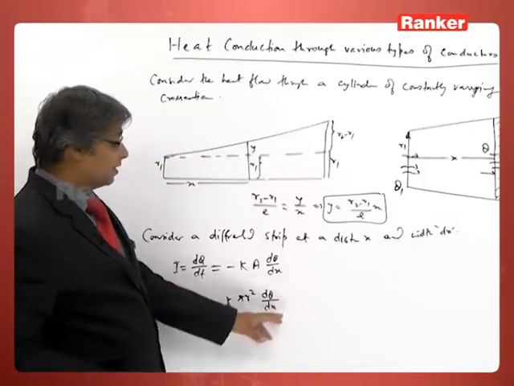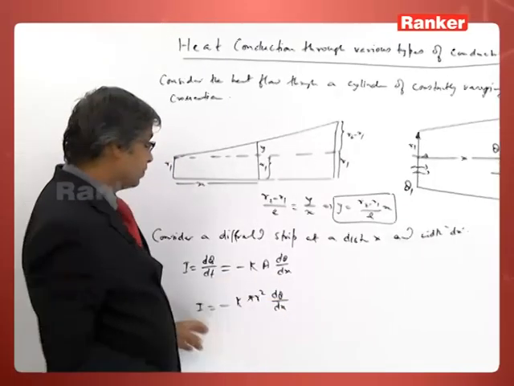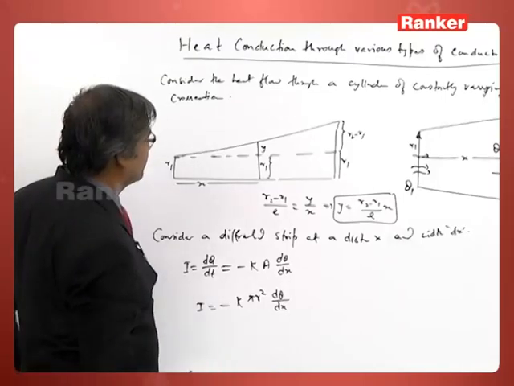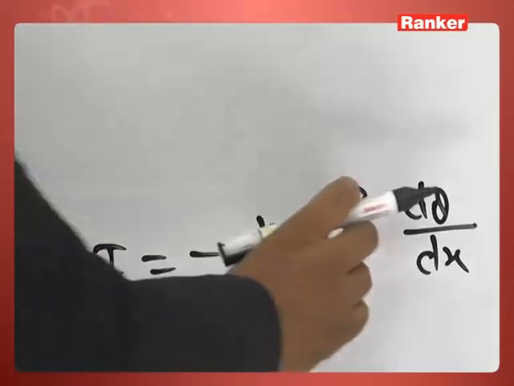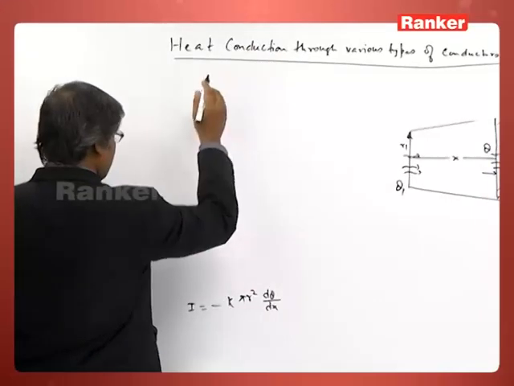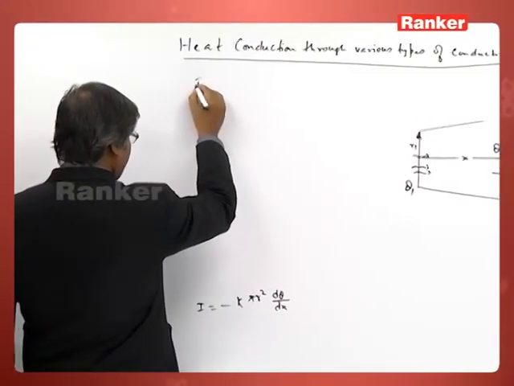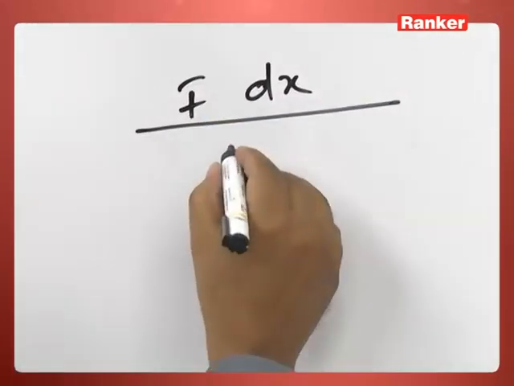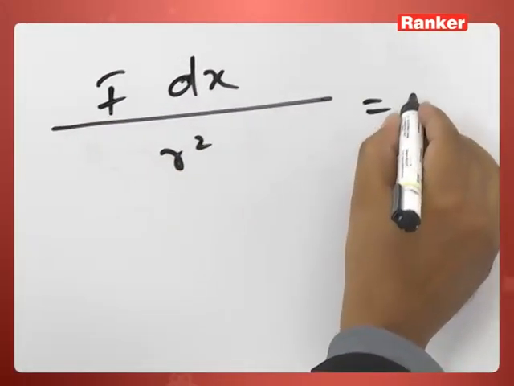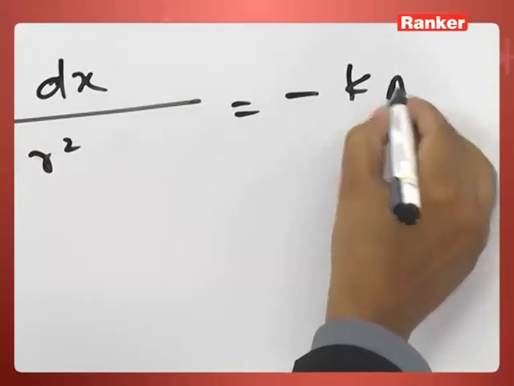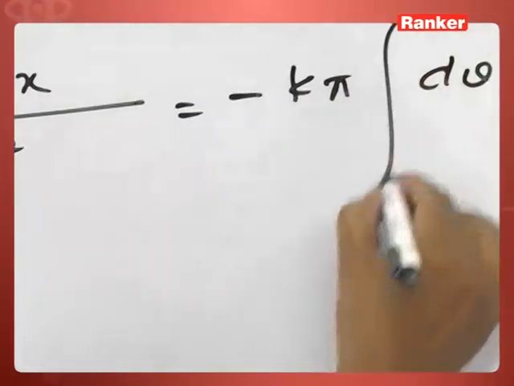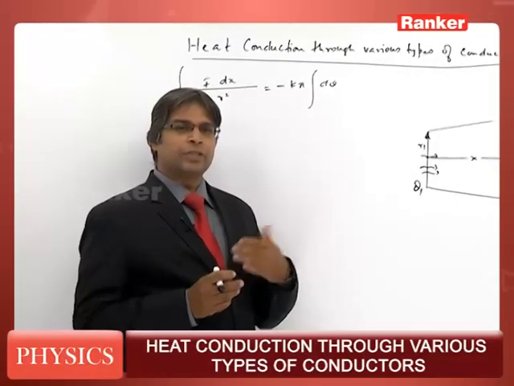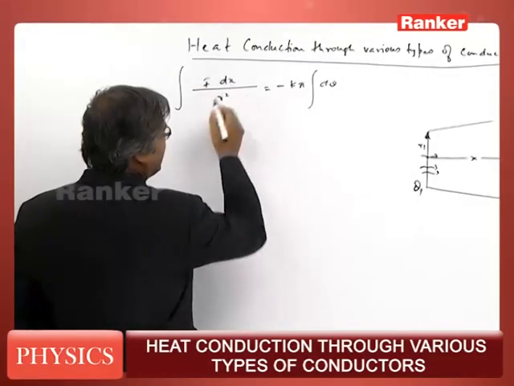Now let us handle this equation which we got from Fourier's law of steady state heat conduction. We will bring this I here: I into dx by r square is minus k pi d theta. Now let us substitute the limits. Here the variable is x.